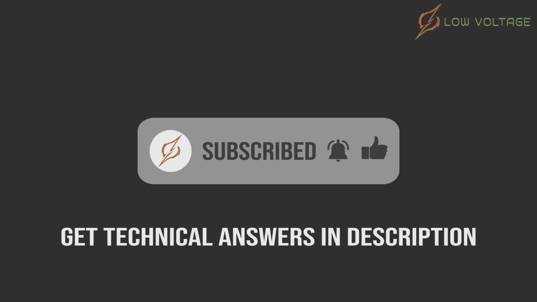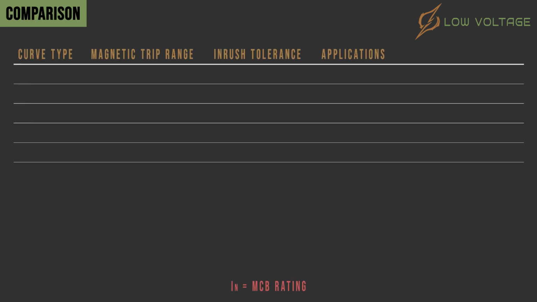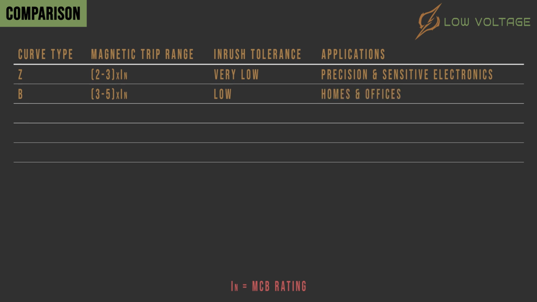Now let's summarize and list the common MCB curves and specify their applications. As mentioned before, curve Z is the most sensitive, suitable for very low inrush current applications, like precision and sensitive electronics. Curve B is less sensitive than curve Z, suitable for low inrush current applications in residential and light commercial loads like homes and offices.